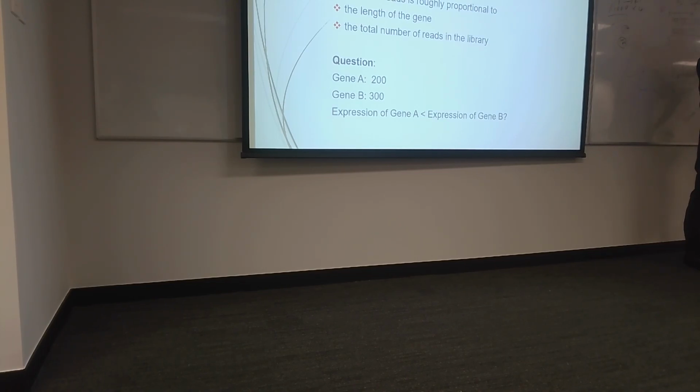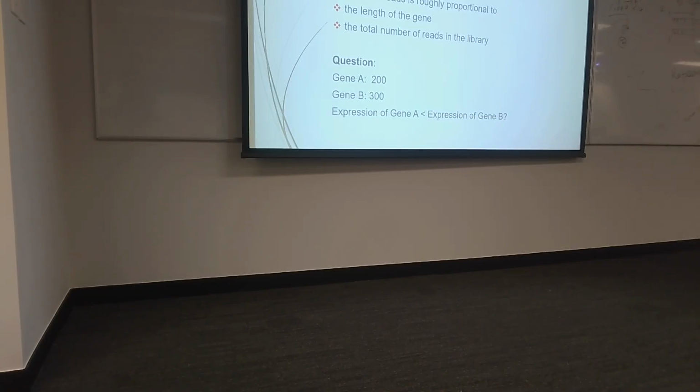Gene B might have 300 reads. Therefore, from this simple counting, we might say, okay, gene B might have a higher expression level than A. Is this correct? From a simple understanding, this is okay, right?